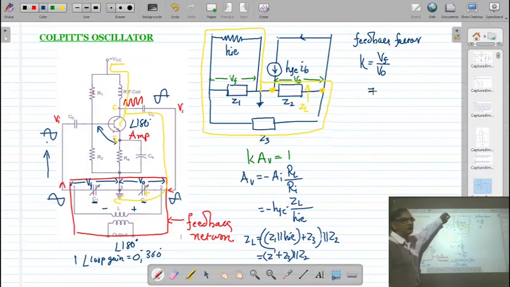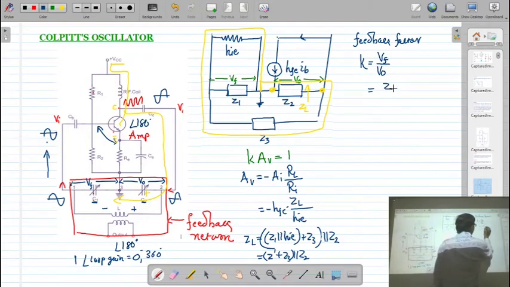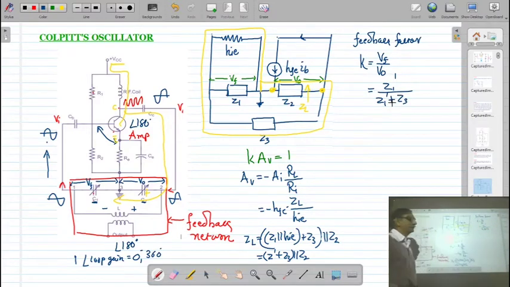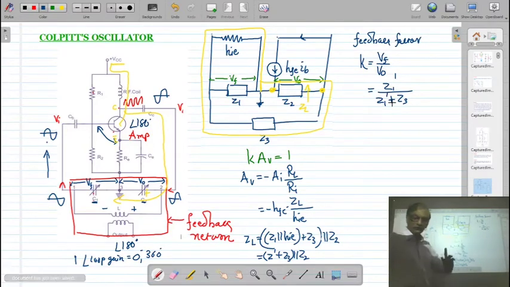The parallel combination of HIE is also there, so it is Z1 dash divided by Z1 dash plus Z3, as we already discussed last time. Correct? For all these steps, you can see the previous video of the Hartley oscillator.